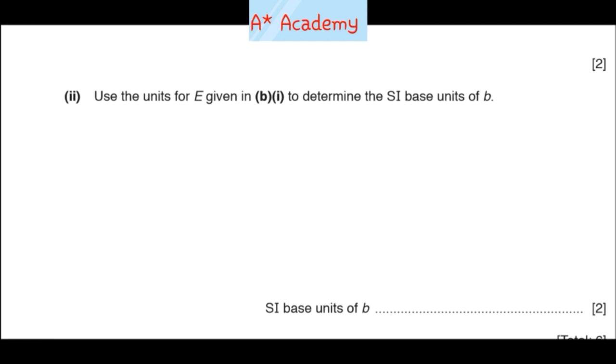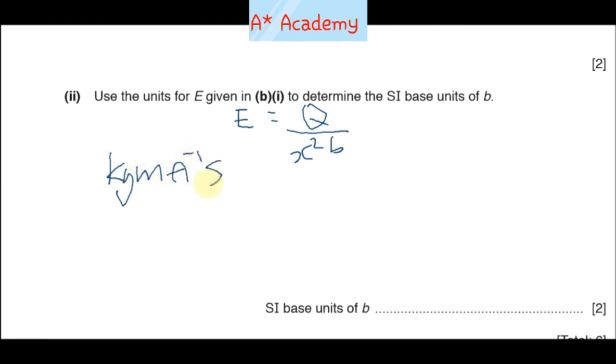We have been told that E is equal to Q divided by x squared B. So the units of E are kg m per amp and s to the minus 3.